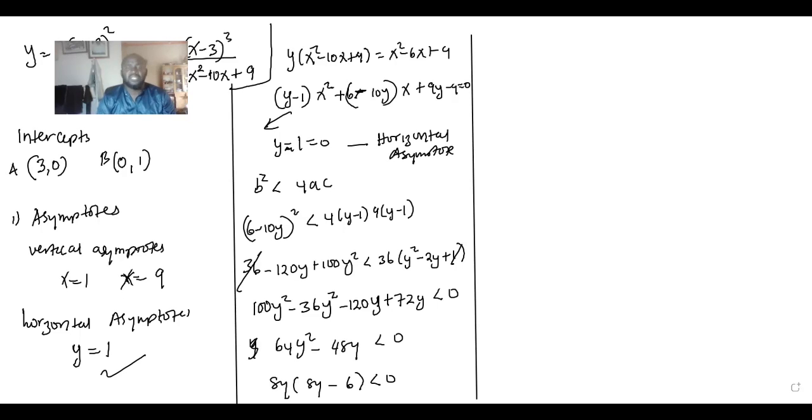So the critical points are y is 0 and y is equal to 3 over 4.